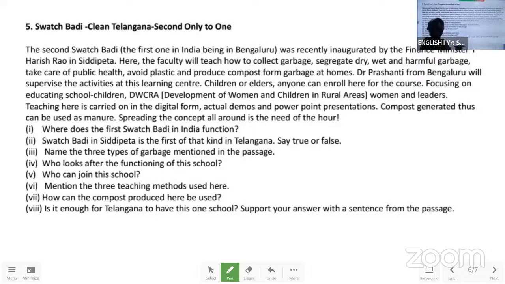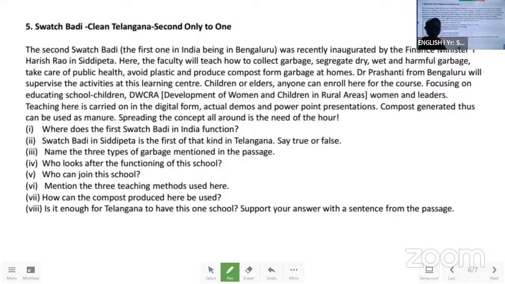Dr. Prashanti from Bangalore will supervise the activities at this learning center. Children or elders, anyone can enroll here for the course, focusing on educating school children, development of women and children in rural areas, women and leaders.